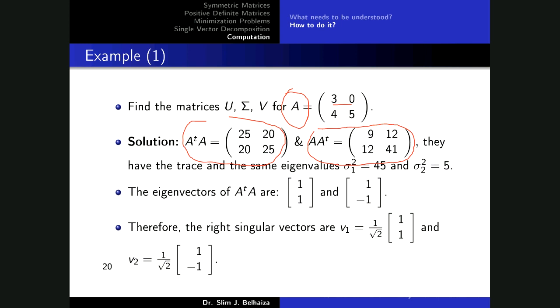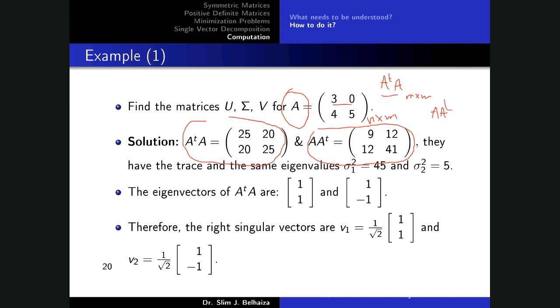By the way, you could notice, Shabab, that even if A is not square, A^T A or AA^T will always end up being square. Am I right? Even if A is not square, so suppose it's n by m. If you do A^T A, it ends up being m by m, and AA^T is going to be n by n.